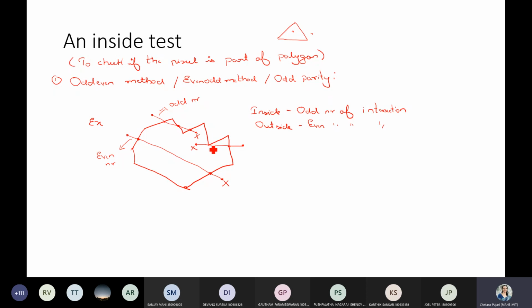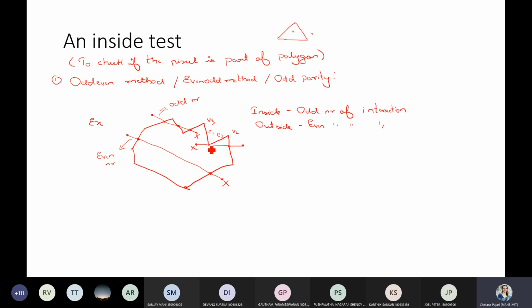And one more thing, when you're intersecting with the vertex of the polygon, you have to first check whether the edges joining the vertex of the polygon, let's say I'll just give some names, v1, v2, v3, right? So here we have two edges, let's say E1 and E2. E1 and E2, two edges which join your vertex V1, are at the same side.